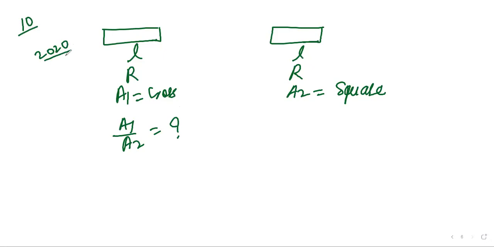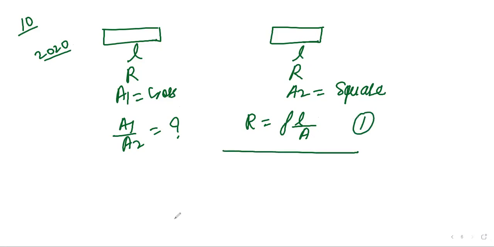So see, R, rho and L are the same for both conductors. As we know the formula R equals rho L upon A, right? So suppose I am applying this for the first one, and similarly for the second one. So I will write here A1. Now for the second one, resistance is the same, resistivity is the same, length is the same.